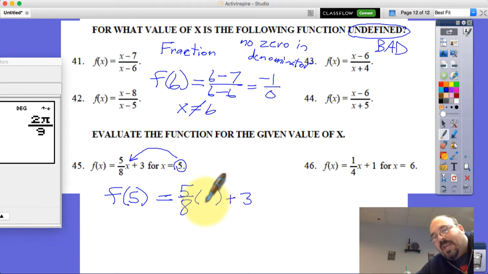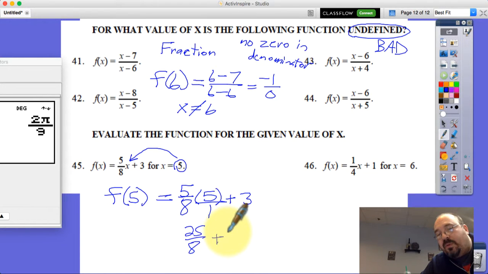Now, where I pulled the x out and left a space, what am I going to put in that space? I'm going to put 5, okay? And then I'm just going to simplify as much as possible. So I can write that over 1, because I've got a fraction here and I want to multiply. 5 times 5 is 25, plus 8 over, or 25 over 8, plus 3. And then if you want to, you can write this over 1.